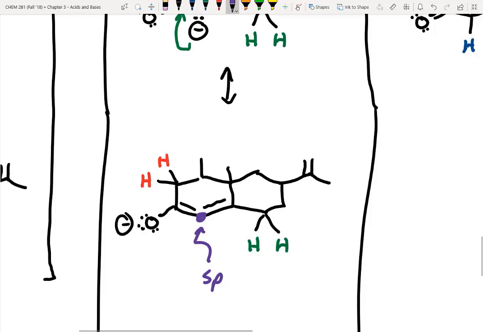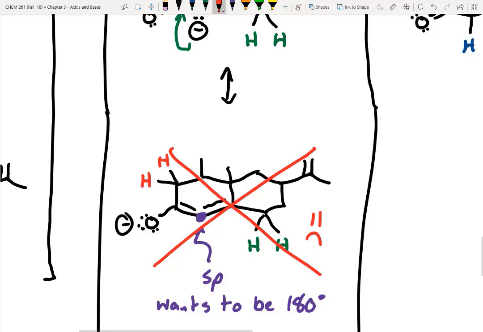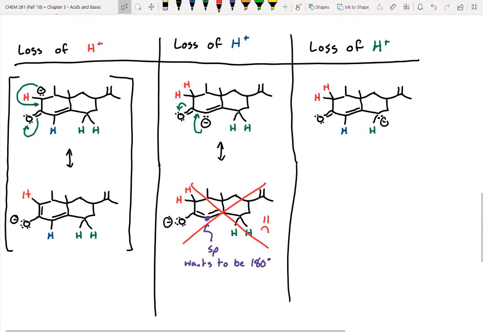So I'd say it wants to be 180. Therefore, I'm going to put a little frowny face here and put an X through it and just say this isn't really a valid resonance structure, because in order to accomplish that, we'd be contorting it so far out of VSEPR alignment, it's just really not going to occur.